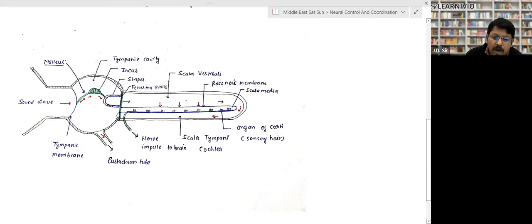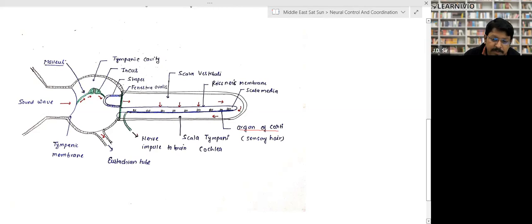Vibrations are passed out in scala vestibuli, and into Reissner's membrane. Reissner's membrane vibrates and forwards this vibration into another tube called scala media. Inside scala media, there is the organ of Corti. Organ of Corti has sensory hair. Sensory hair receive this vibration and convert it into nerve impulse.